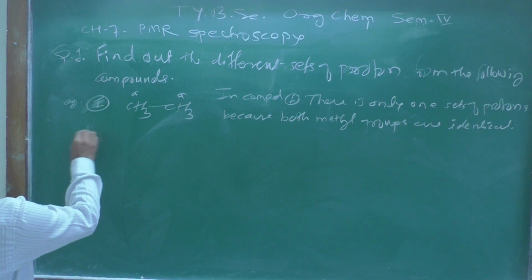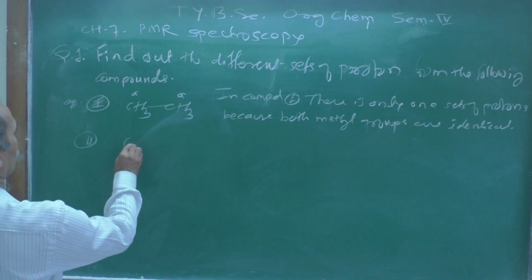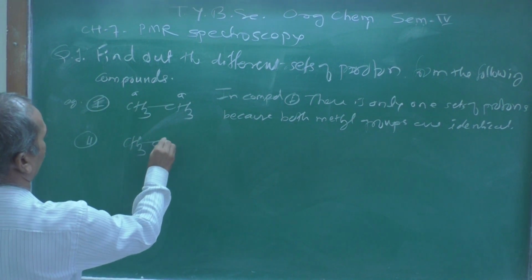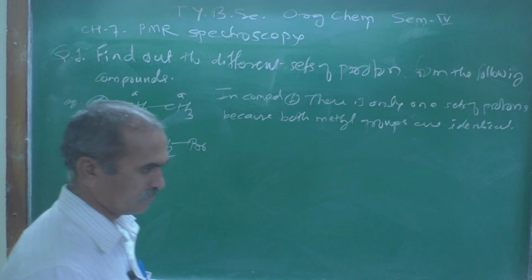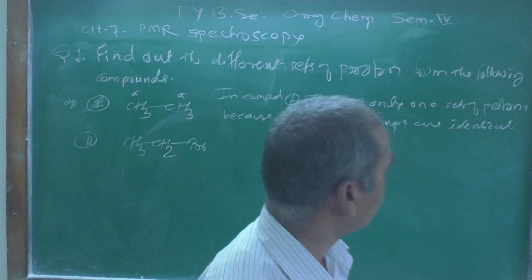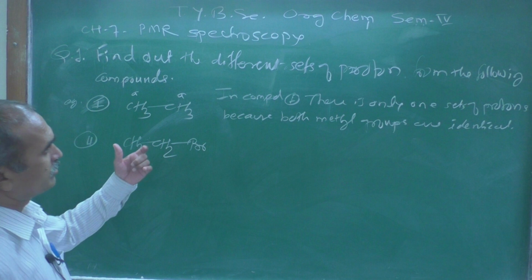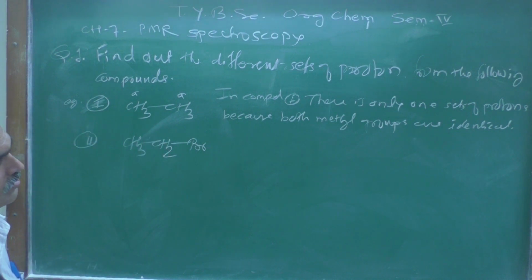Let us see structure number second. The structure number second will be this one, CH3CH2Br. Instead of chlorine, only Br is here. So now in compound 2, there are two sets of proton, therefore two PMR signals.